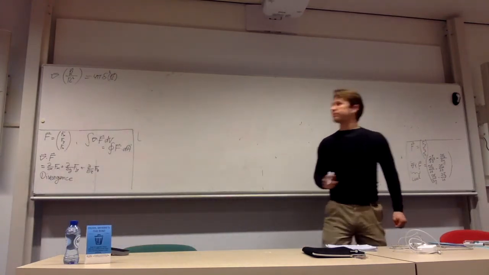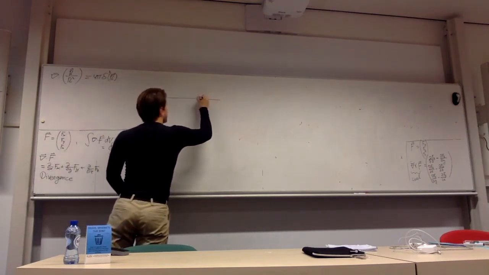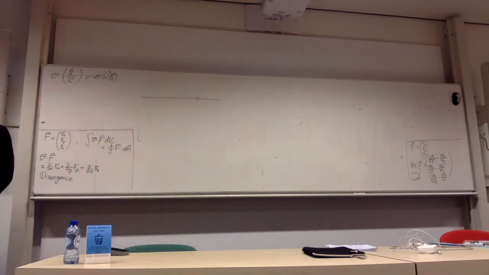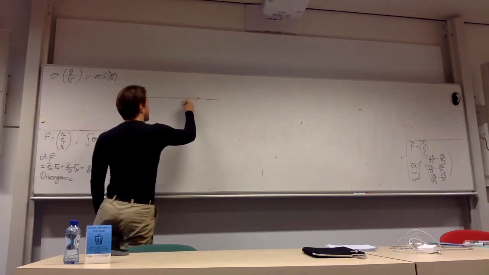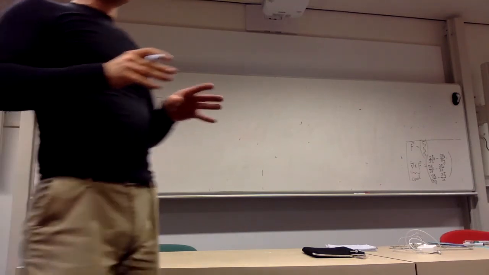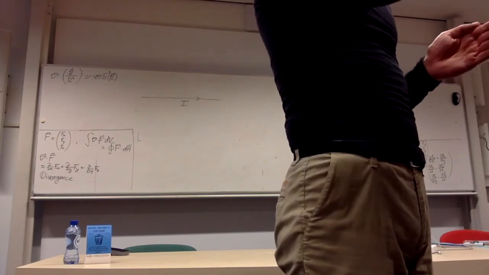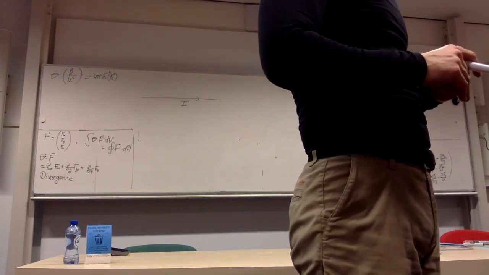We're going to do the following. Suppose that you have a wire through which a current moves. It's called a current I. Before, I called the current J, which is true. That tells you how much current is flowing through every position in space and in what direction.